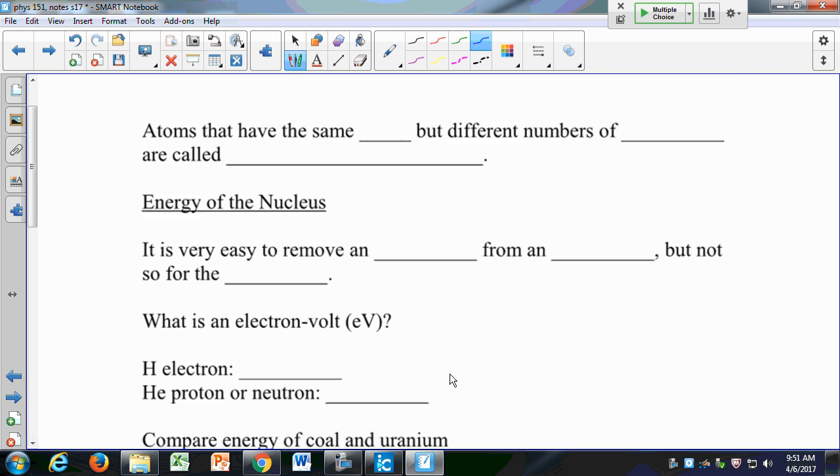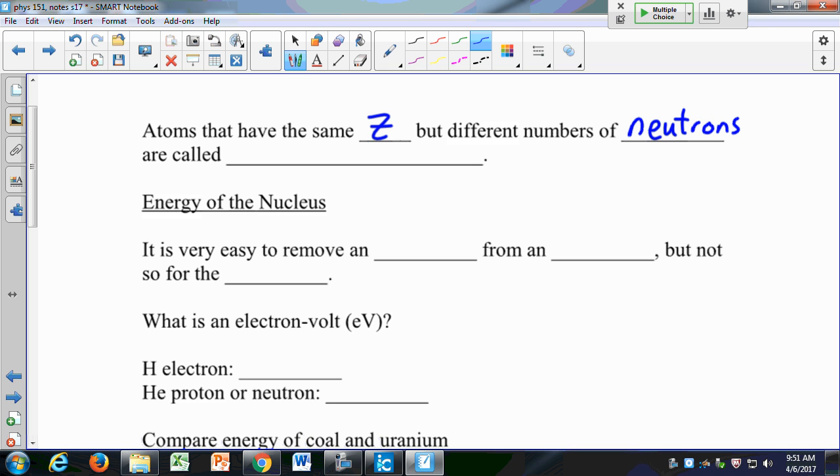And atoms that have the same atomic number, Z, but different numbers of neutrons, what do you call them when they have different numbers of electrons, like an atom?